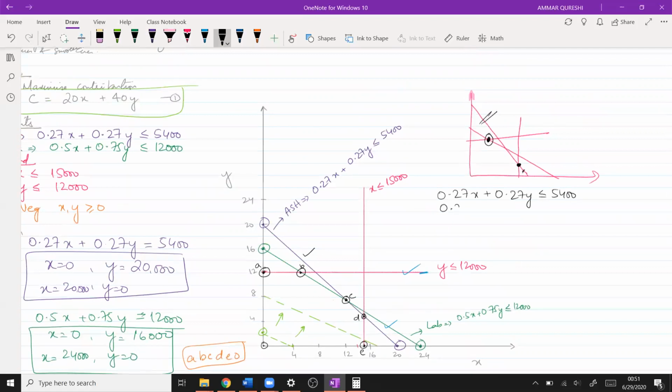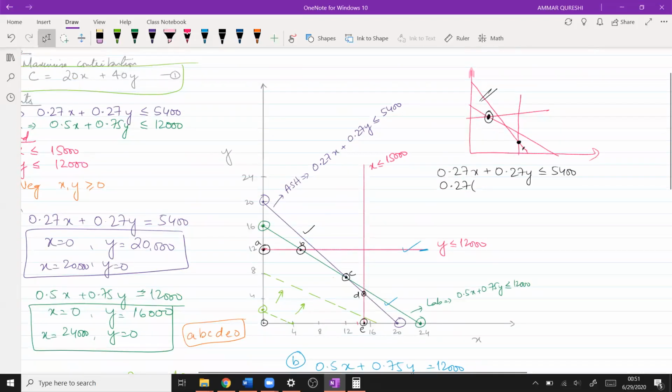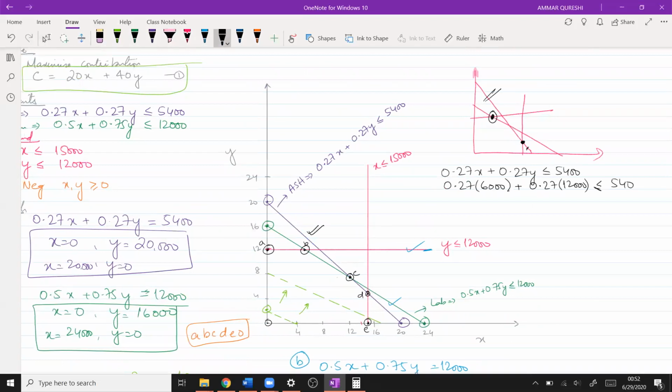So 0.27 of x in this case is 6,000. And I'm telling you, this is not going to be a binding constraint because this is above the solution. Plus 0.27 of y, which is 12,000, should be less than or equal to 5,400, right?